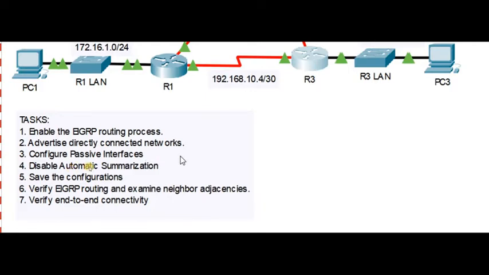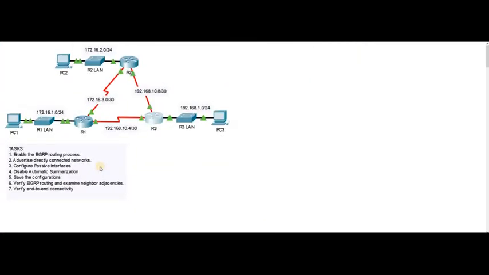Now, what exactly are passive interfaces? During EIGRP routing updates, it may be necessary or actually advantageous to include a directly connected network in the EIGRP routing table, but at the same time we do not allow any neighbor adjacencies on that interface to form.